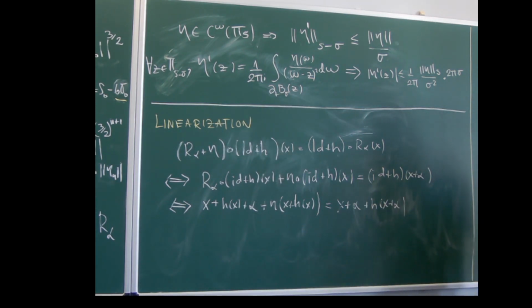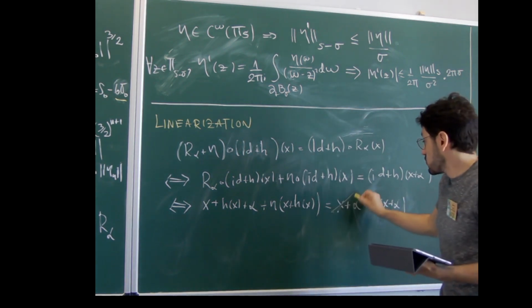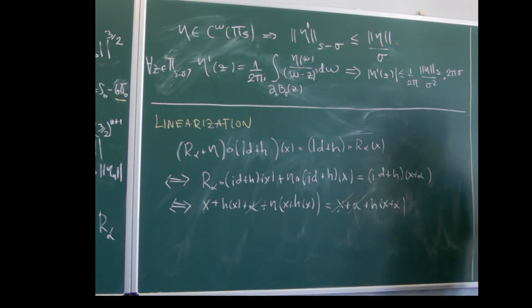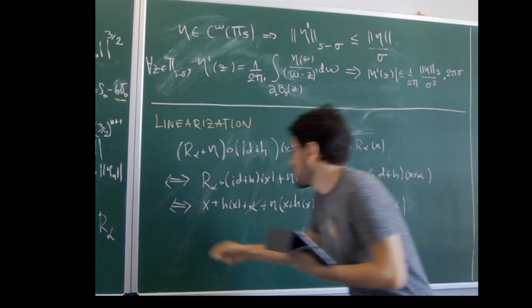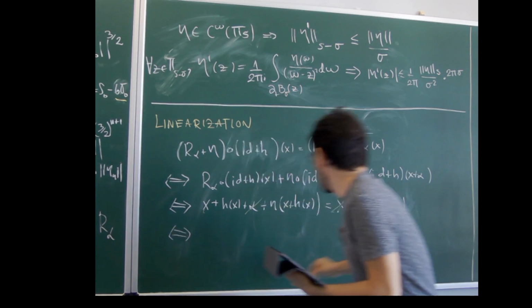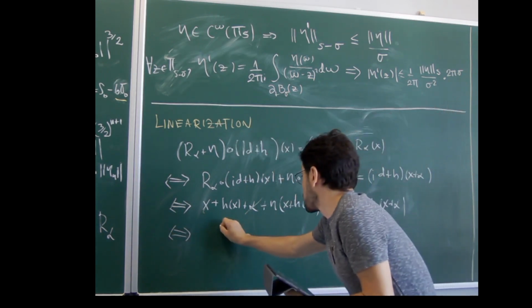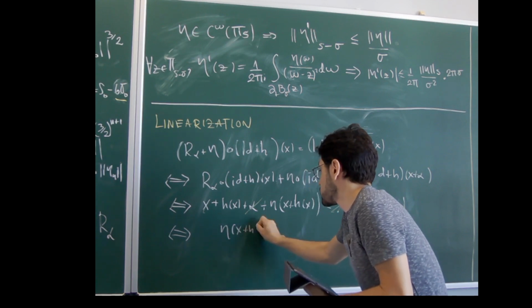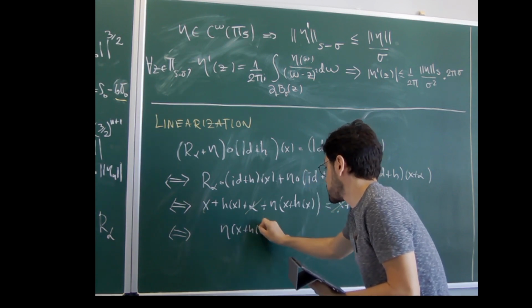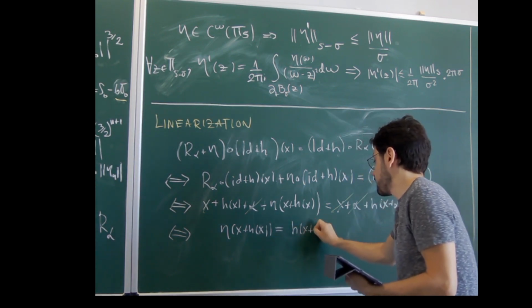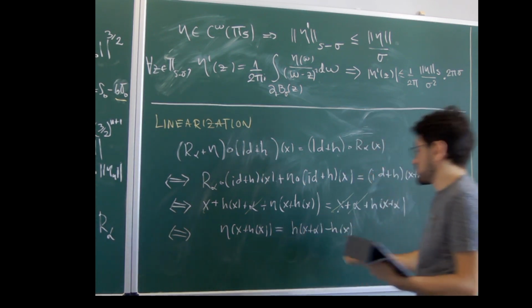And now you notice that there are some things I can remove, x plus alpha, and then you find this equation: eta of x plus h of x equals h of x plus alpha minus h of x.